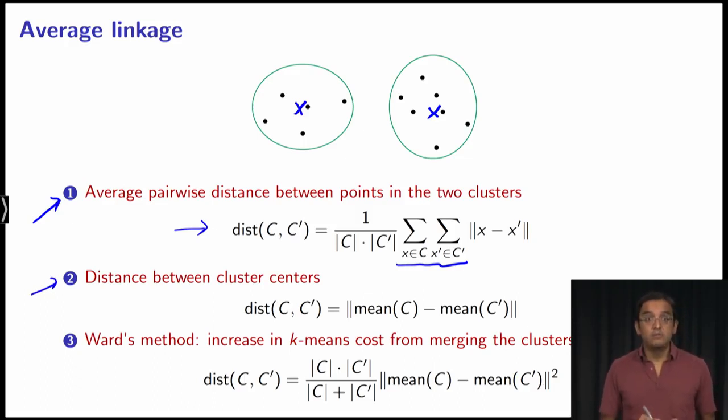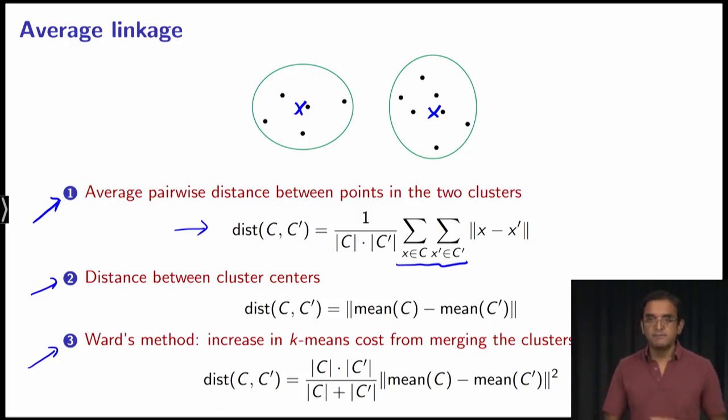There's a third option that's kind of interesting, and this is usually called Ward's method for average linkage. It's also a kind of average notion, but what it says is to look at the increase in k-means cost from merging these two clusters. That's going to be the notion of distance. So what exactly does that mean?